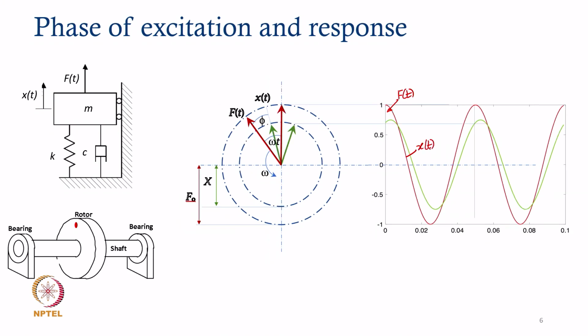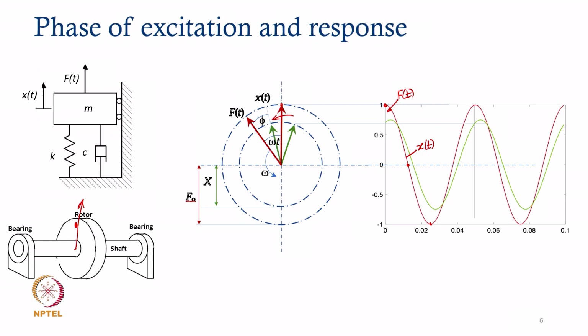As the force starts with the vertical orientation, it has a maximum value, and as it rotates, it reduces to 0 after a quarter of rotation of this vector, and then goes to the negative side, and continues in terms of time.